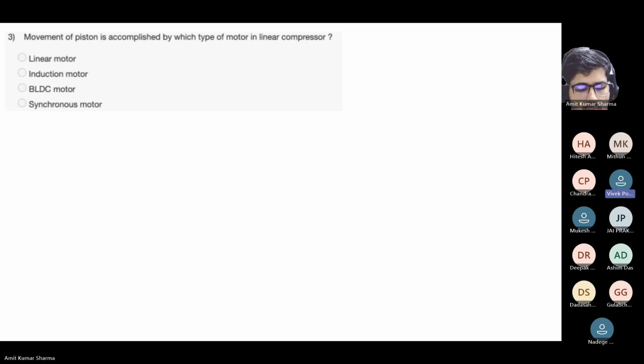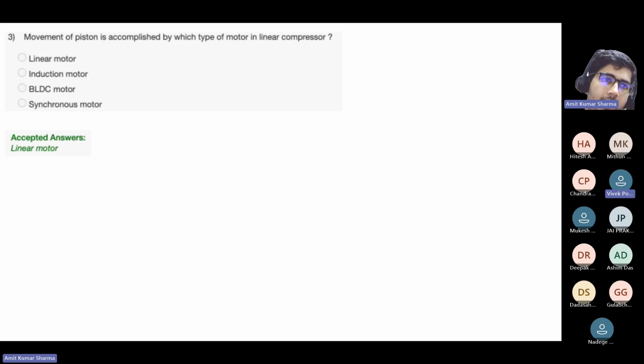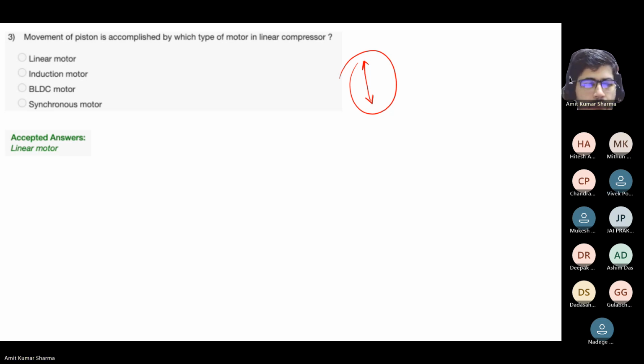Anybody else? The induction motor. No, we are using the linear motor in the linear compressor because we specifically need the linear movement of the piston. So we need to have a linear motor.